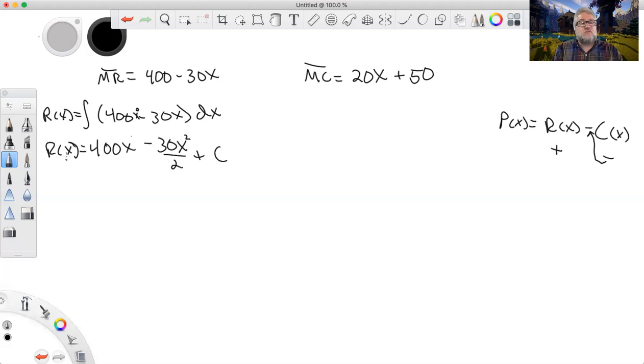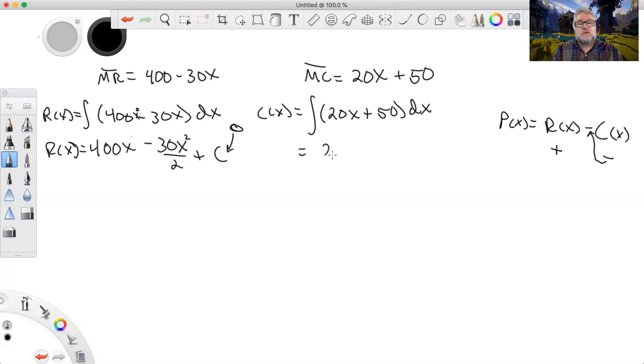Now, when we make 0 parts, when x is 0, how much revenue do we get? 0. So this constant is going to be 0. Okay, for the cost function, we're going to integrate the marginal cost. So 20x plus 50.